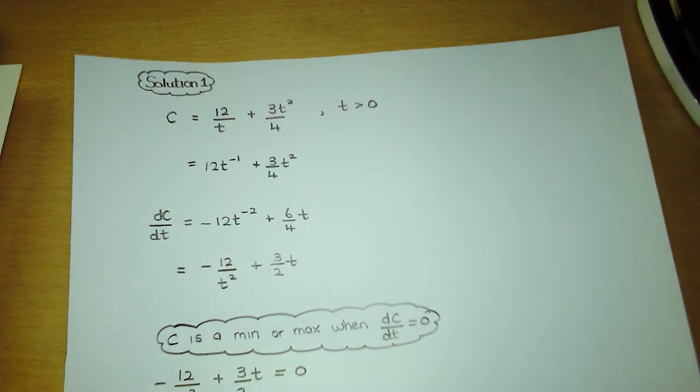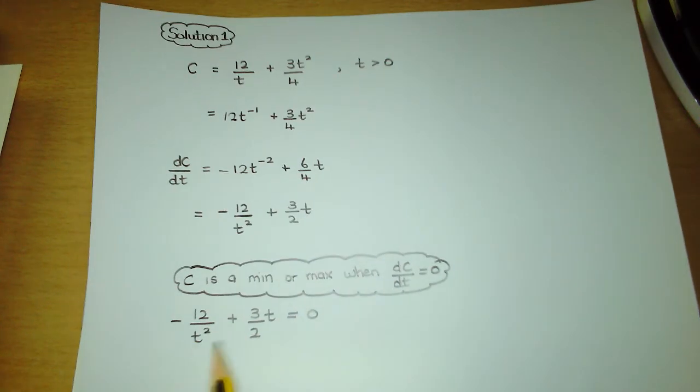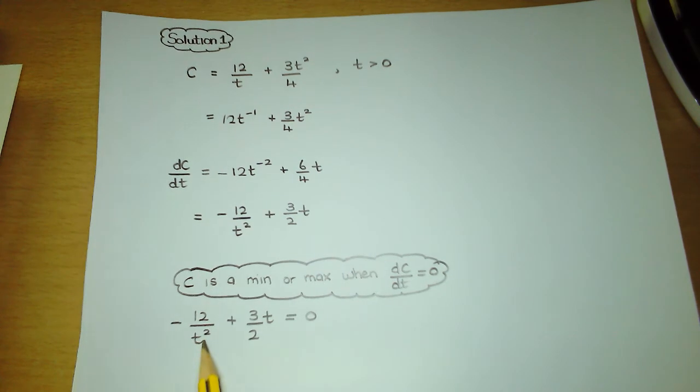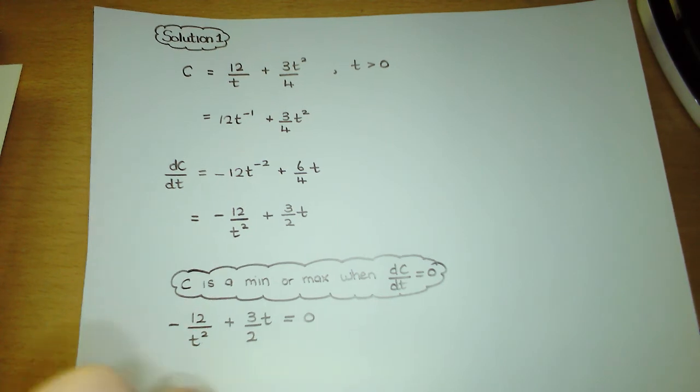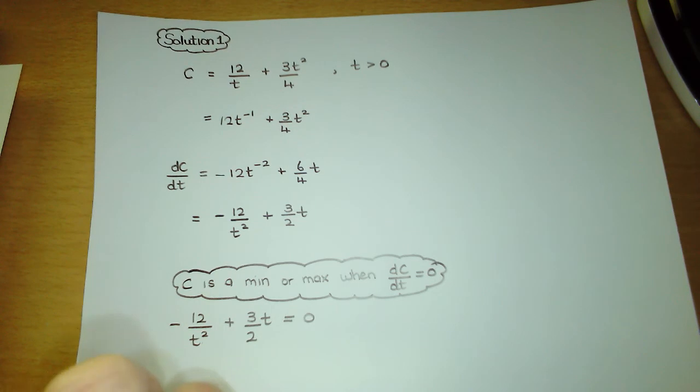Okay, let's solve for t then. So the smart money here is you've got a denominator of t squared, you've got a denominator of 2. I'm actually going to multiply through by a product of 2t squared, because then that will get rid of both of these denominators. So I'm going to multiply through by 2t squared.